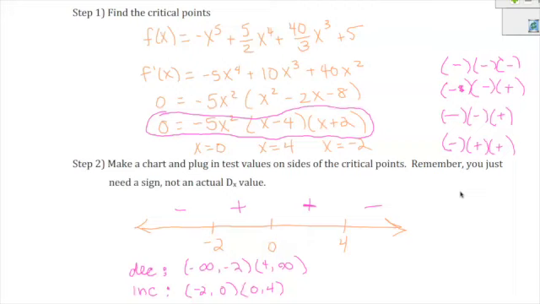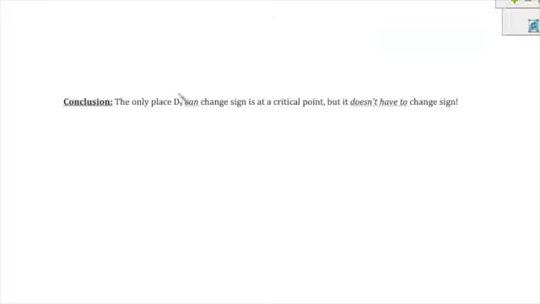So we just did an example where we were able to figure out where the function's increasing and decreasing without looking at the graph, using what is called the first derivative test. So let's take, I think I have one little note written first. So conclusion. The only place the derivative can change sign is at a critical point, but it doesn't have to change sign.